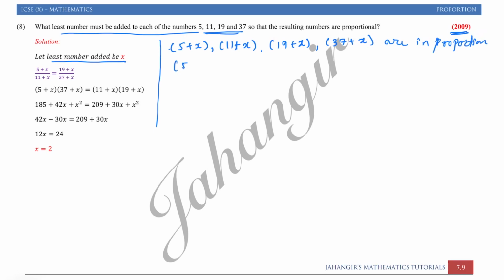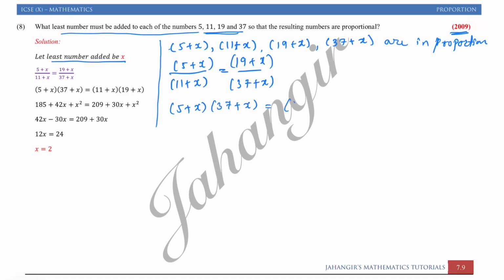So therefore I can write (5 + x)/(11 + x) = (19 + x)/(37 + x). So cross multiplying, (5 + x)(37 + x) = (11 + x)(19 + x).